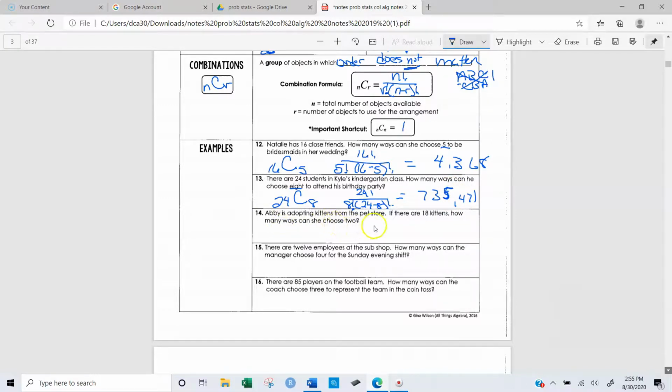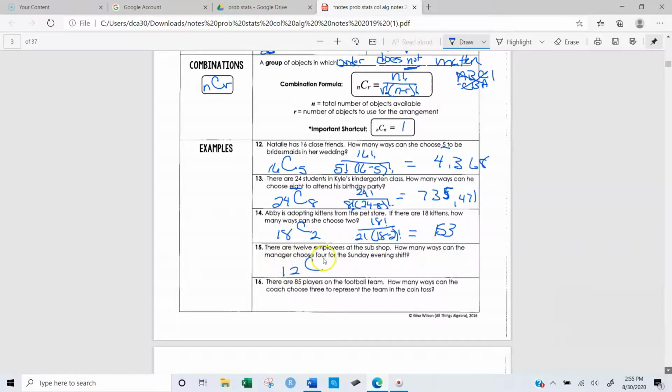Abby's adopting a kitty from the pet store. There are 18 kittens. How many ways can she choose 2? Again, order doesn't matter. If she takes them home, she takes them home. It doesn't matter if they're first or second. So that's 18 factorial over 2 factorial times 18 minus 2 factorial. Type that in, you should have got 153. Next, 12 employees at the sub shop.